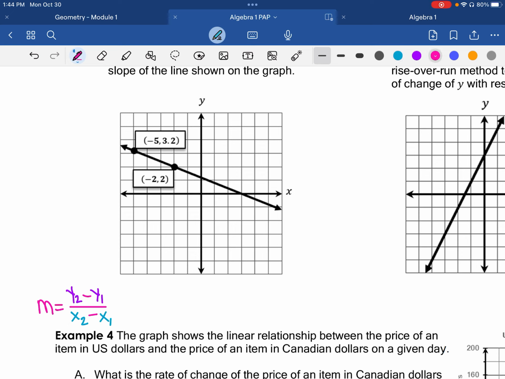I'm going to label my points. I'm going to label them as x1, x2, y1, y2.